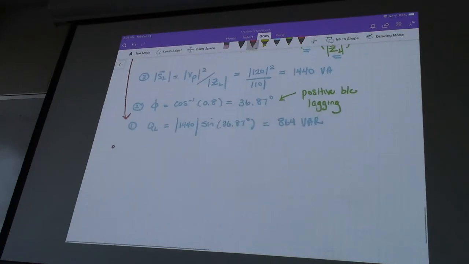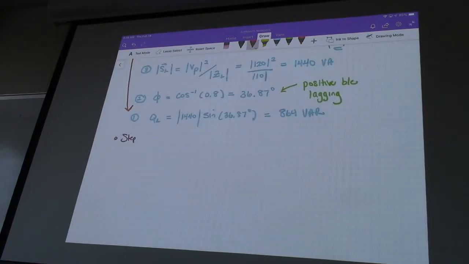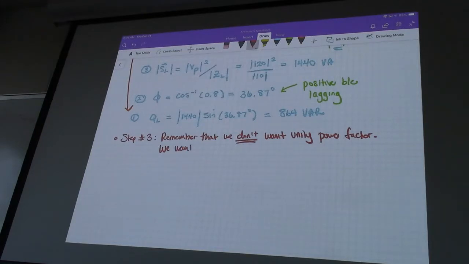Right, remember, we don't want unity power factor.